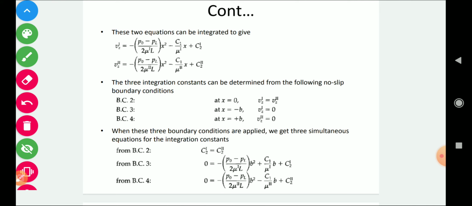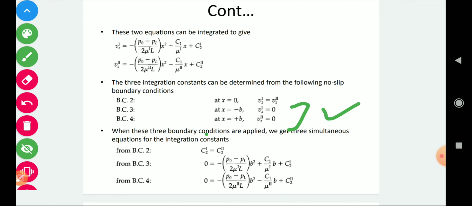So vz1 will be equal to vz2, and the other two are no slip conditions at x equal to minus b and x equal to plus b. These locations are at the solid liquid contact.